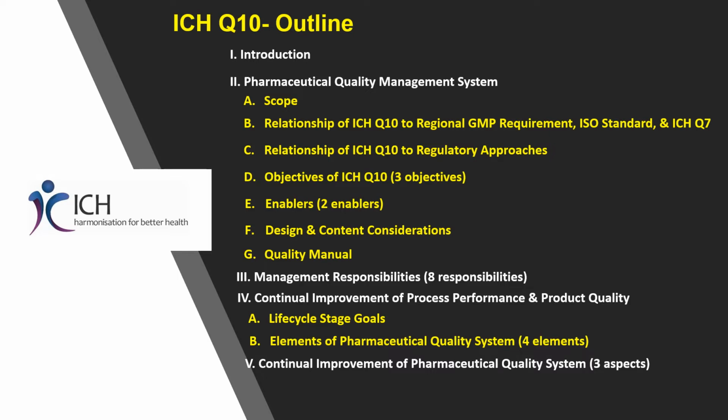There are three major objectives, two important enablers, design and content consideration of the guideline, quality manual, 8 major responsibilities of management, and in continual improvement of the process and product quality, it defines the life cycle stage goals, elements of the pharmaceutical quality system, 4 important elements, and continual improvement of the pharmaceutical quality system, 3 aspects of it.